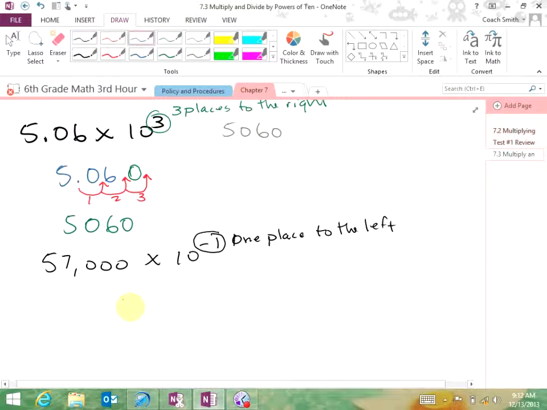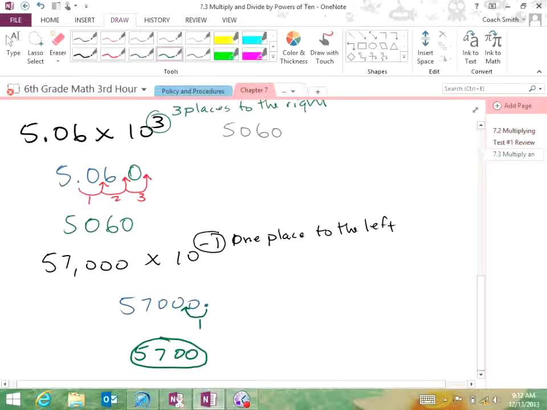So in 57,000, my decimal is right here, and I move it one place to the left. And that gives me 5,700. We move left because of the negative exponent.